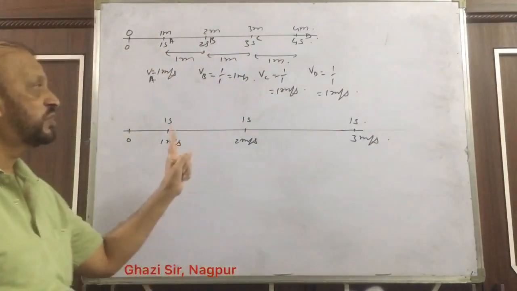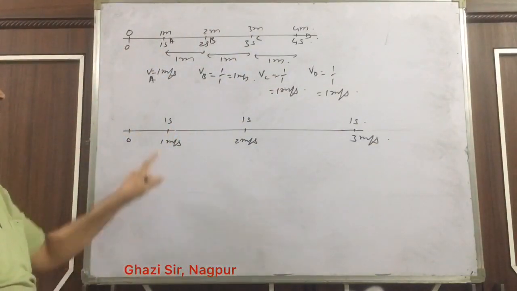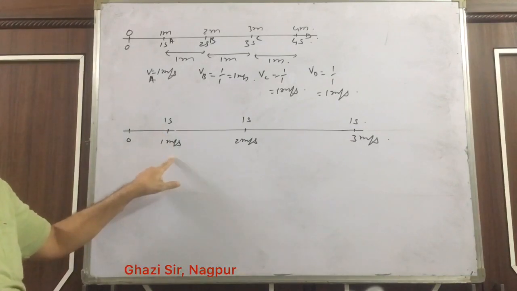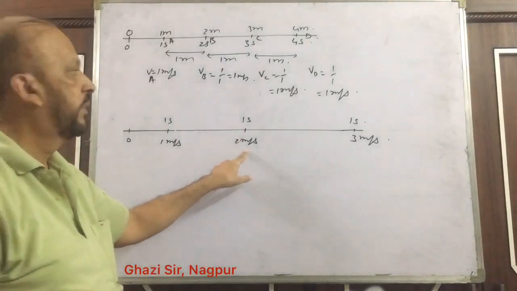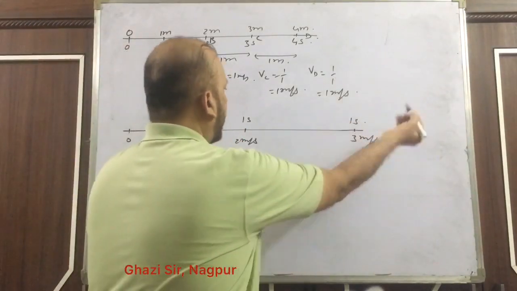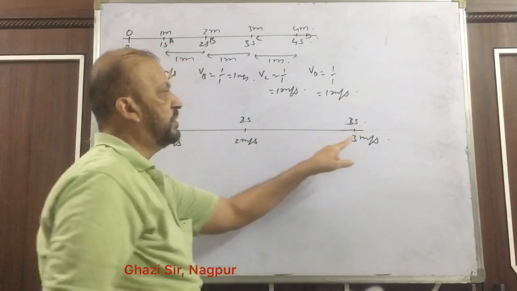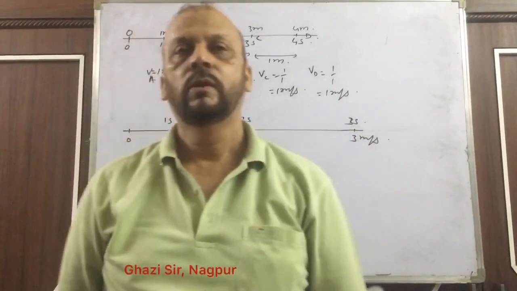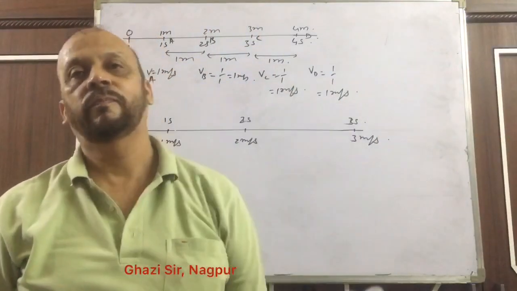In the second case, speed is not constant. Speed is changing. After 1 second, speed is 1 meter per second. After 2 seconds, speed is 2 meter per second. After a further second, this is 2 seconds, this is 3 seconds, speed is 3 meter per second and so on. So after every 1 second, speed is increasing.